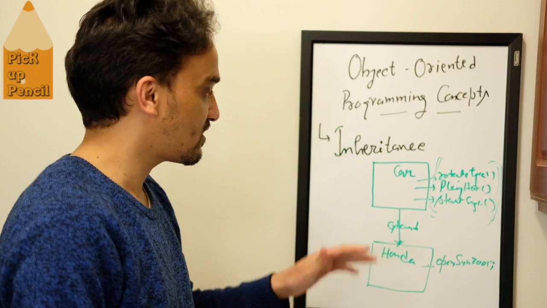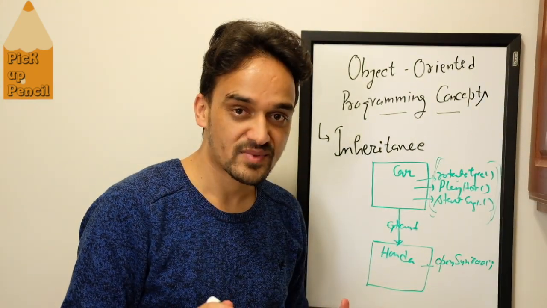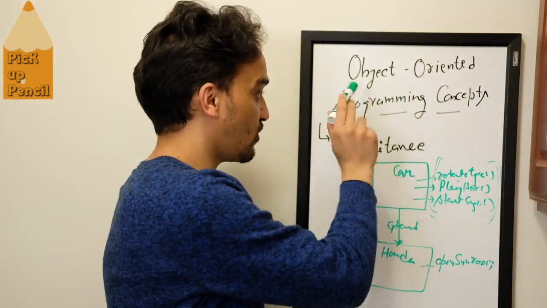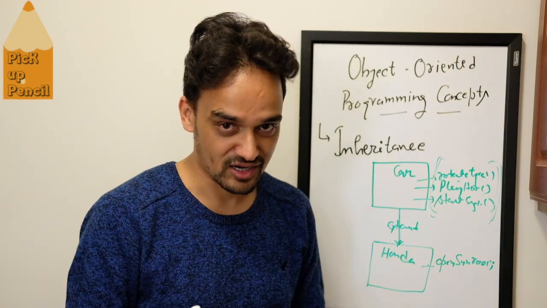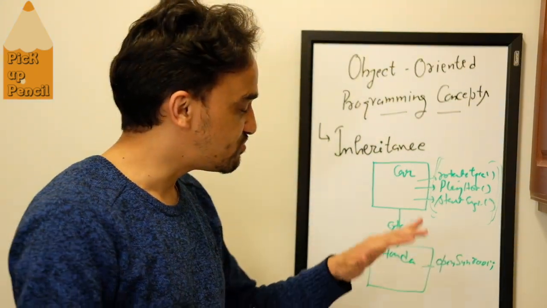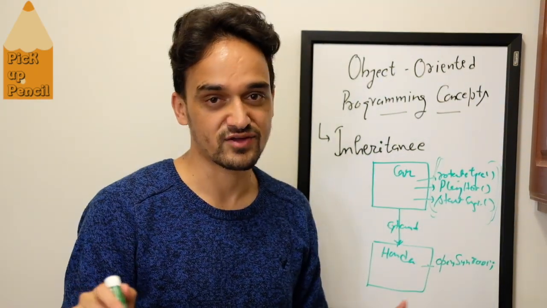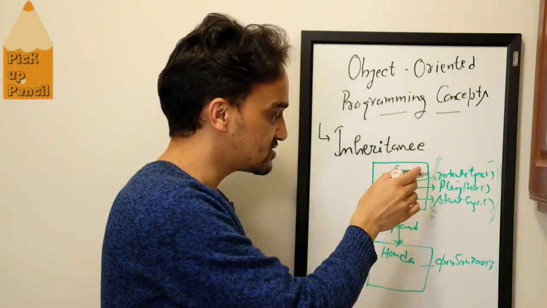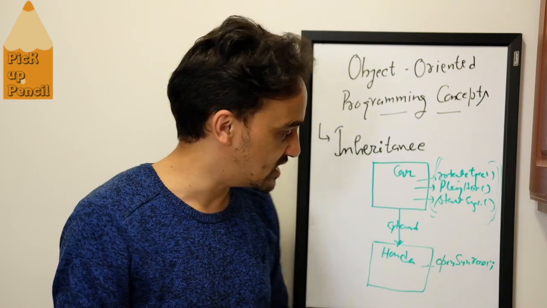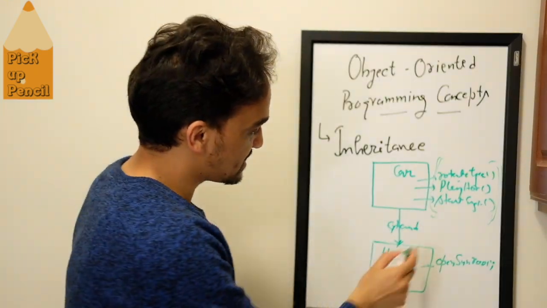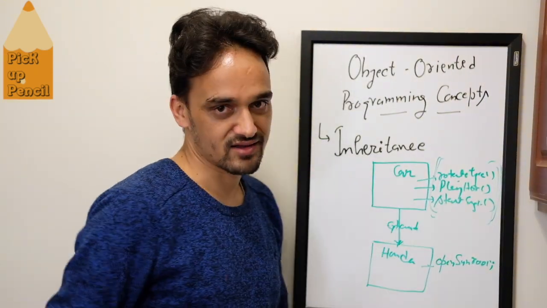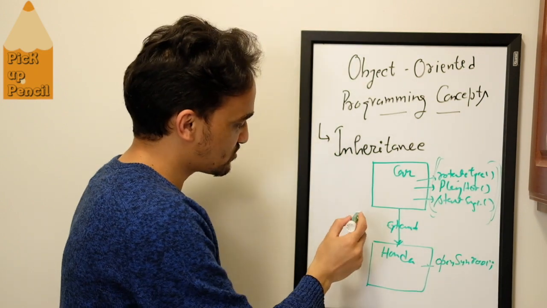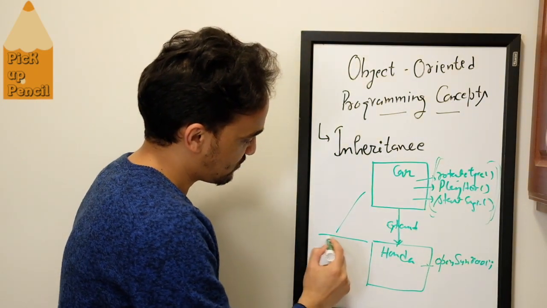So this is a great feature of object-oriented programming like Java, where you get big reusability of the code. Think about if this inheritance concept would not have been there, we would end up writing all these functions again and again. And let's suppose there is one more class called Toyota.